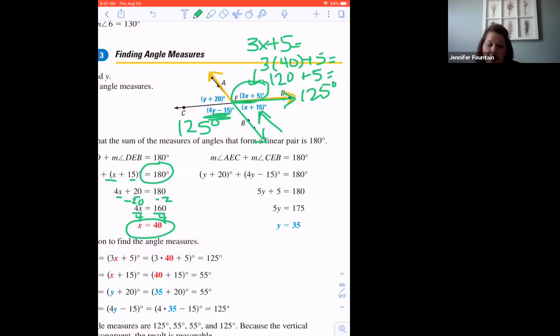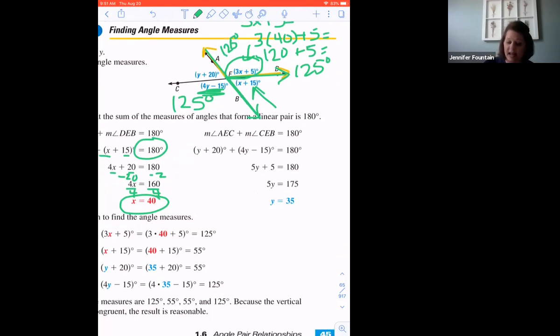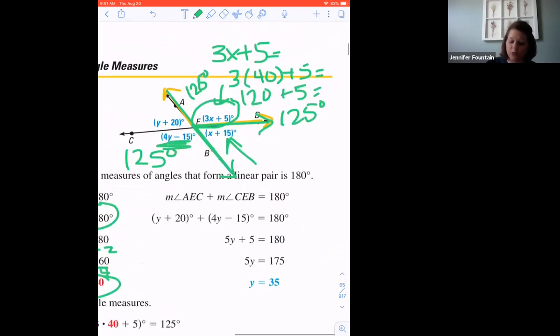Now I can also know that if my straight line here is 180, and I just found that this one is 125 degrees, I can subtract, and I have 180 minus 125.